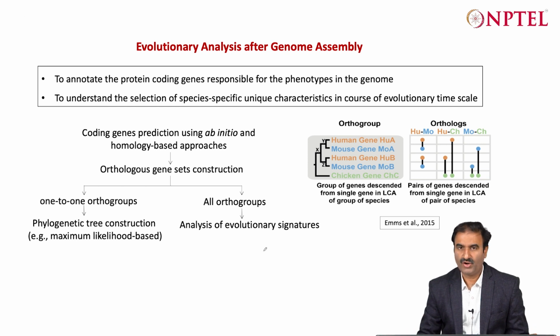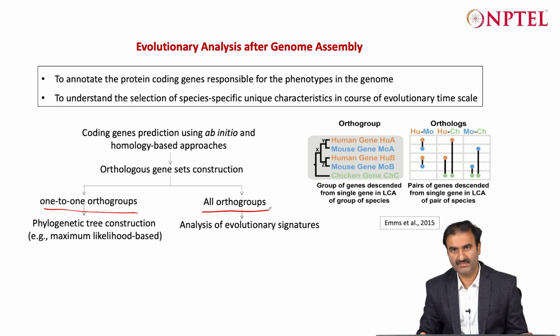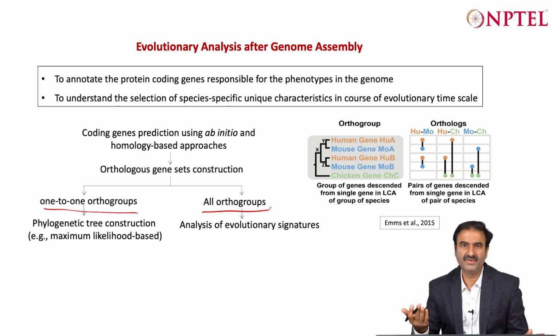Okay, so orthologs are very important in this. Orthologs, as we have seen earlier, are the genes which are commonly present across the species that you are observing because they had a similar origin.